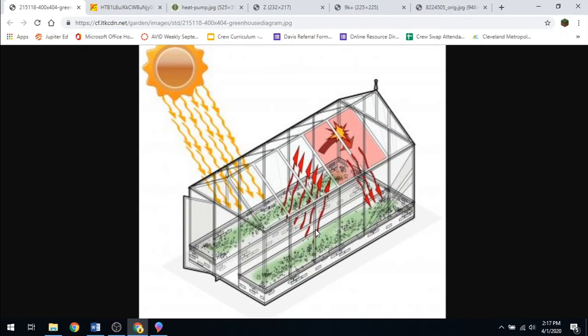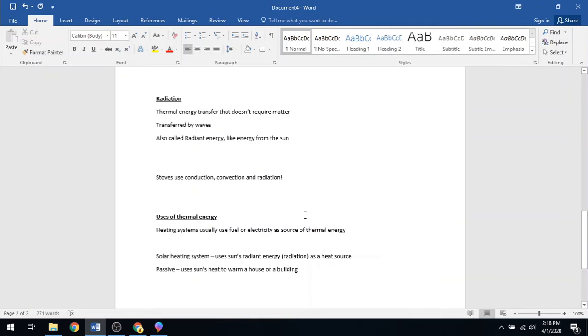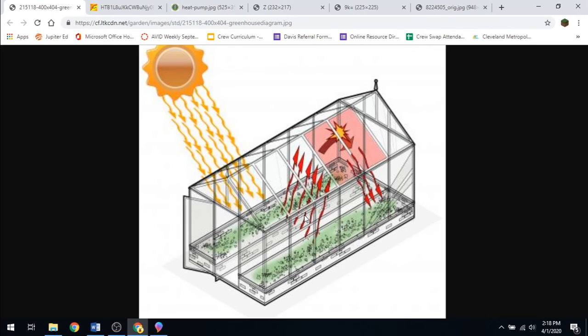If you've ever gotten into a car or van or bus that's been sitting out in the sun a long time, a lot of times it'll be very hot inside. That's because the sun's radiation got trapped inside. So we call that passive because passive means you don't have to do anything. It can just sit there and it'll get hot.